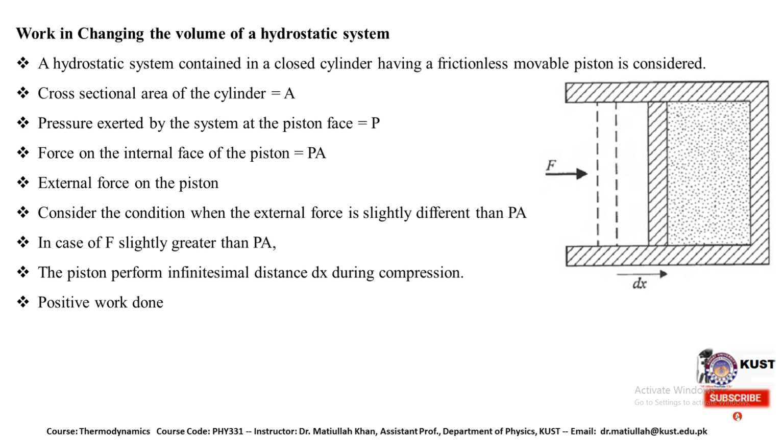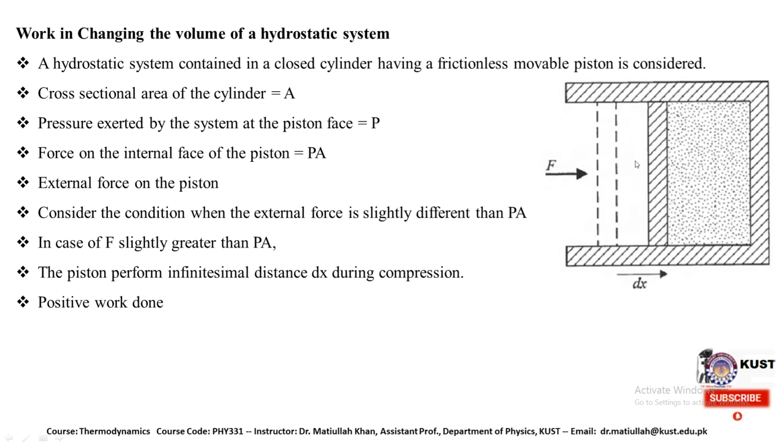So what happens? The force on this piston is equal to the product of the area of the piston multiplied by the pressure. So this internal force on the piston is equal to PA. There are also external forces from outside, so it depends upon the difference of the two forces.